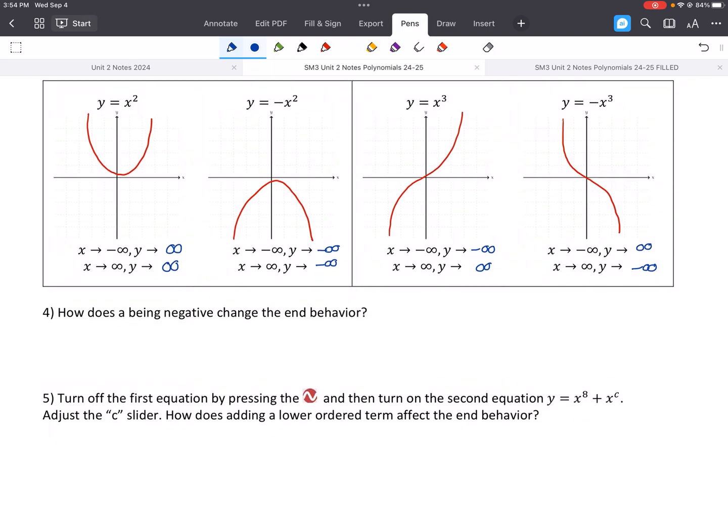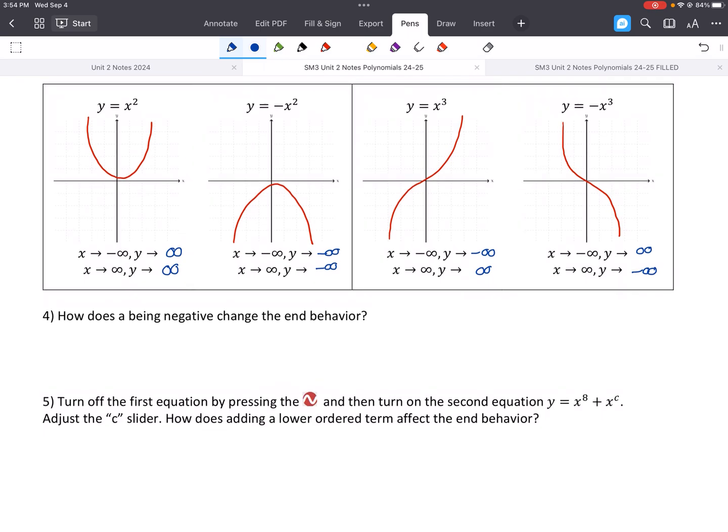How does a leading negative change the end behavior? So it flips the behavior.